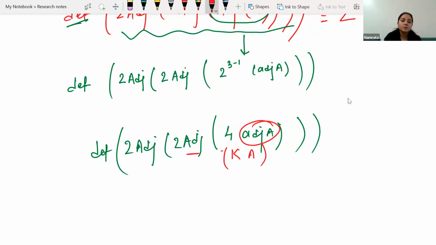So adjoint of KA is K to the power n minus 1 times adjoint. This property we are going to use over here. So determinant, just a minute. Let me say it again.